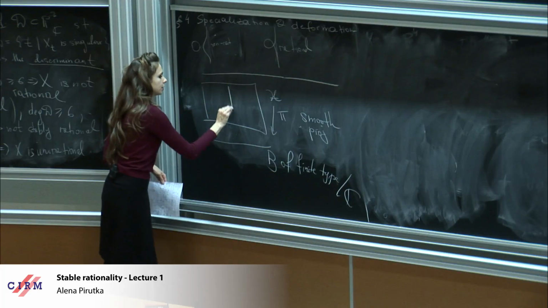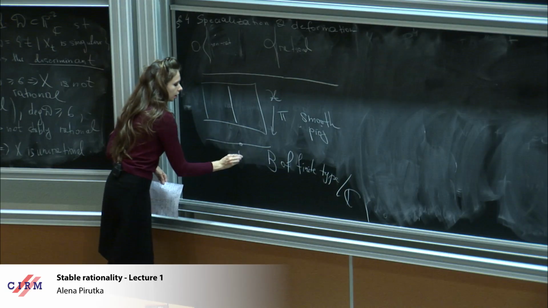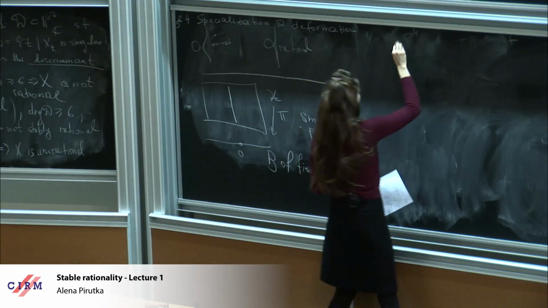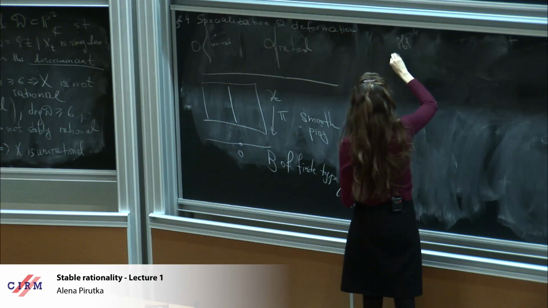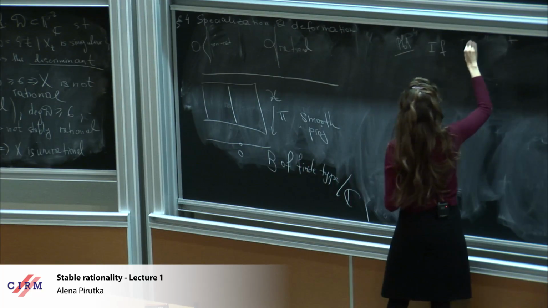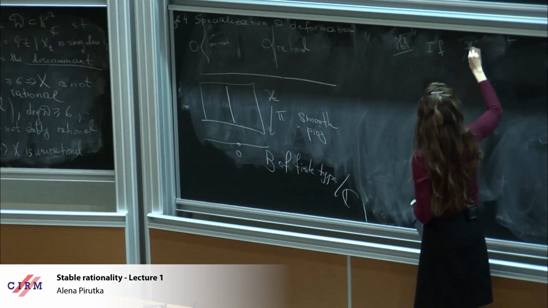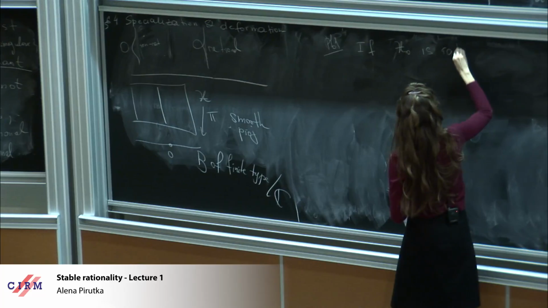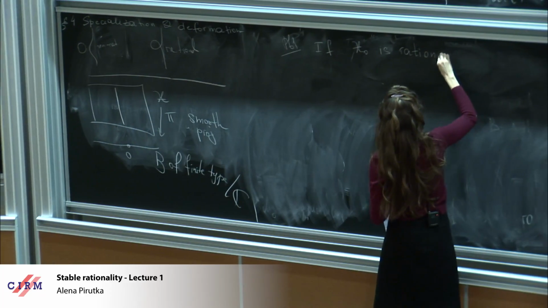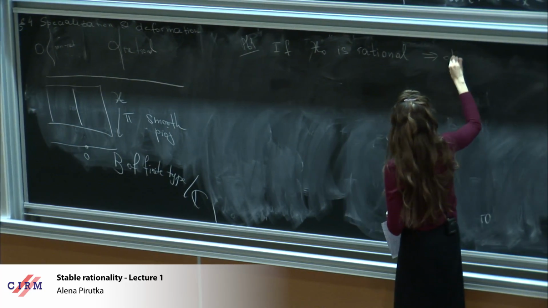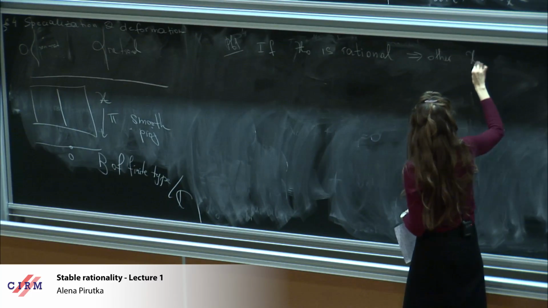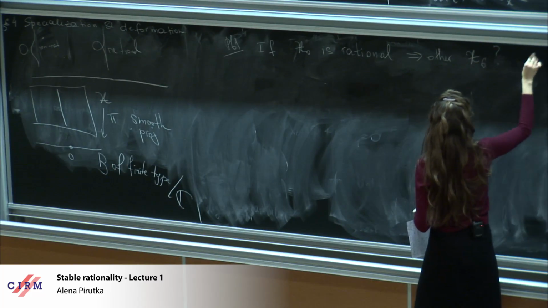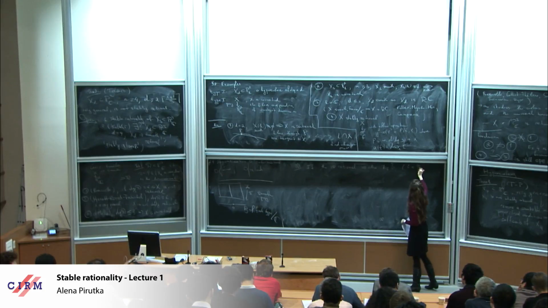So the deformation question is as follows. If I have one fiber that is rational, what about the others? Over complex points.